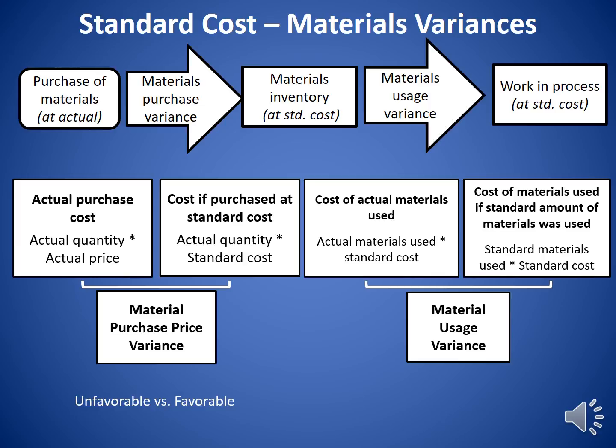So on the left-hand side of the box, we have the actual usage, and on the right-hand side, we have the expected usage. We compare the two, and again, differences would result in what we call a material usage variance. And that variance can either be favorable or unfavorable based upon the differences here.